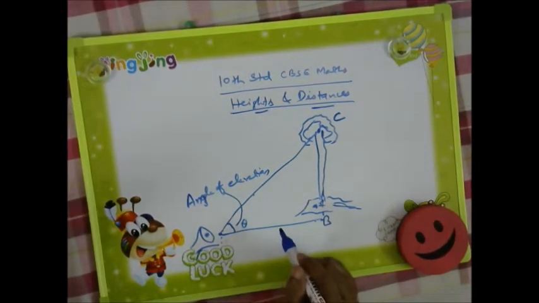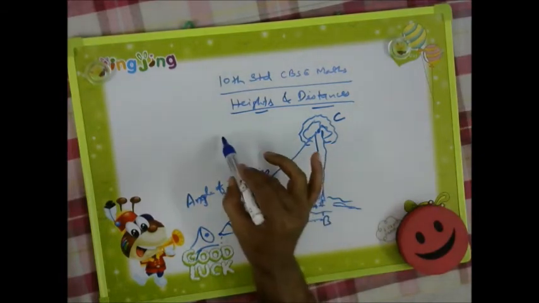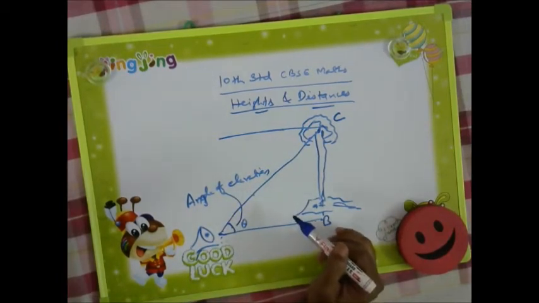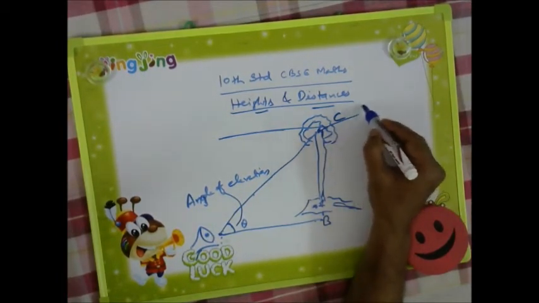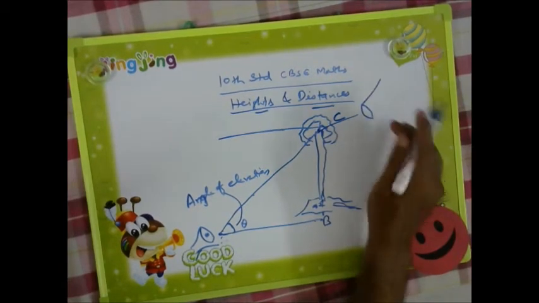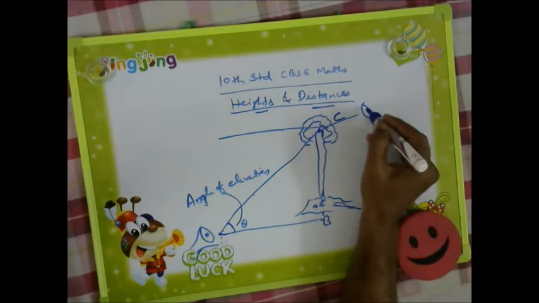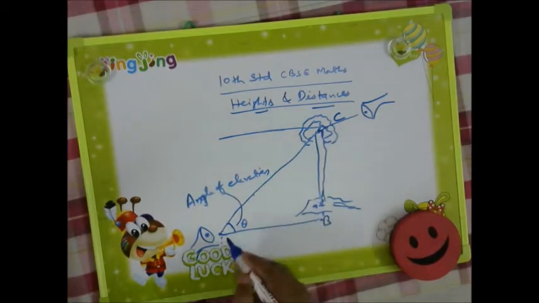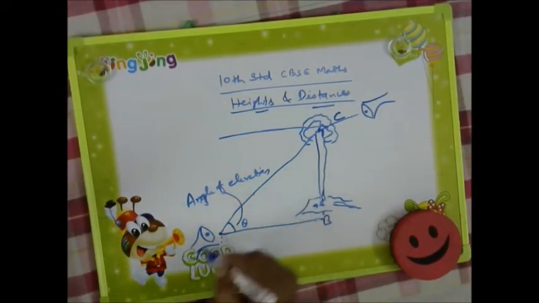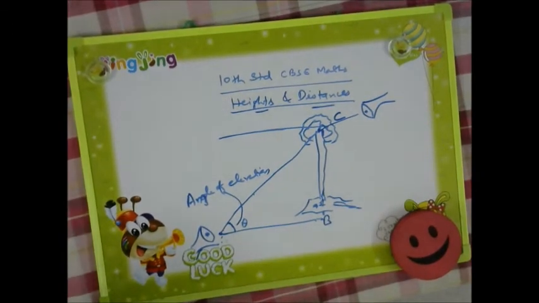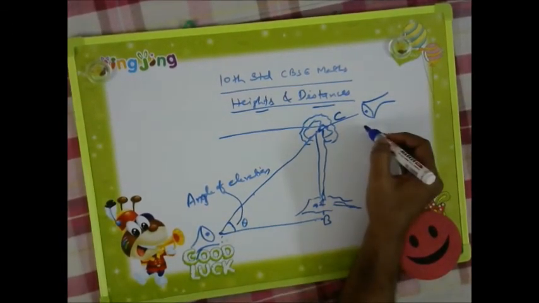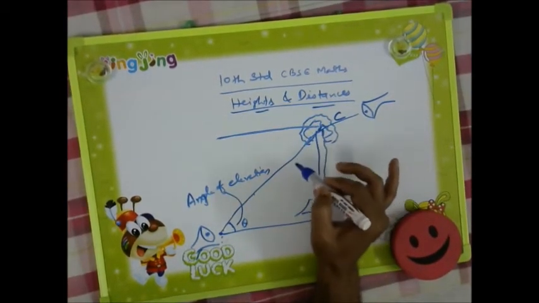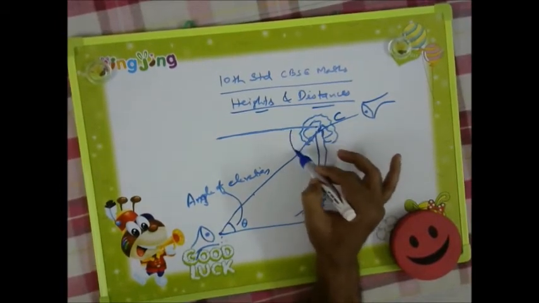Another thing is there. Suppose at the top of the tree, this is the parallel line, and from this top, you can say from an aeroplane, if we see something on the ground, you can say a tree you are watching, or you are watching a building, from the top of an aeroplane, then with the line of sight, this is the line of sight and this is the parallel, so you are making an angle here.